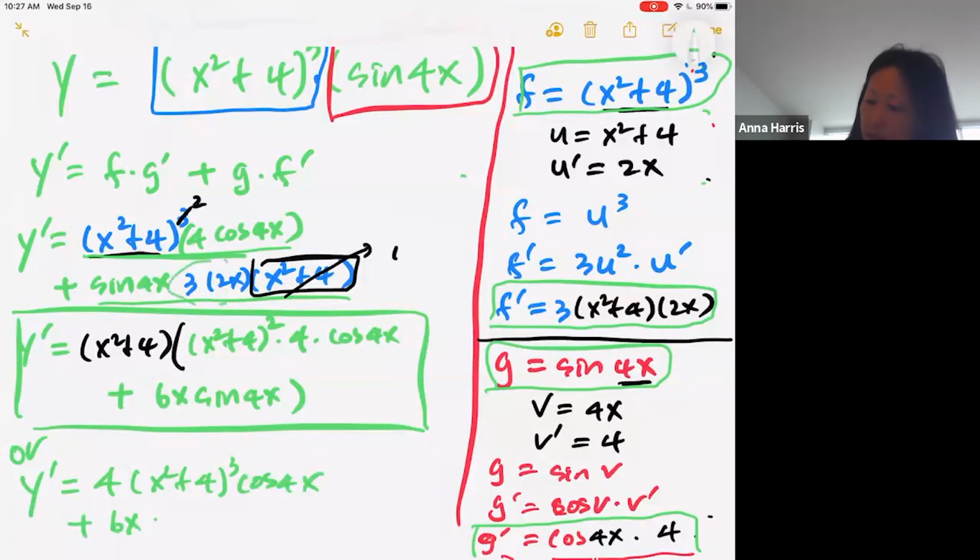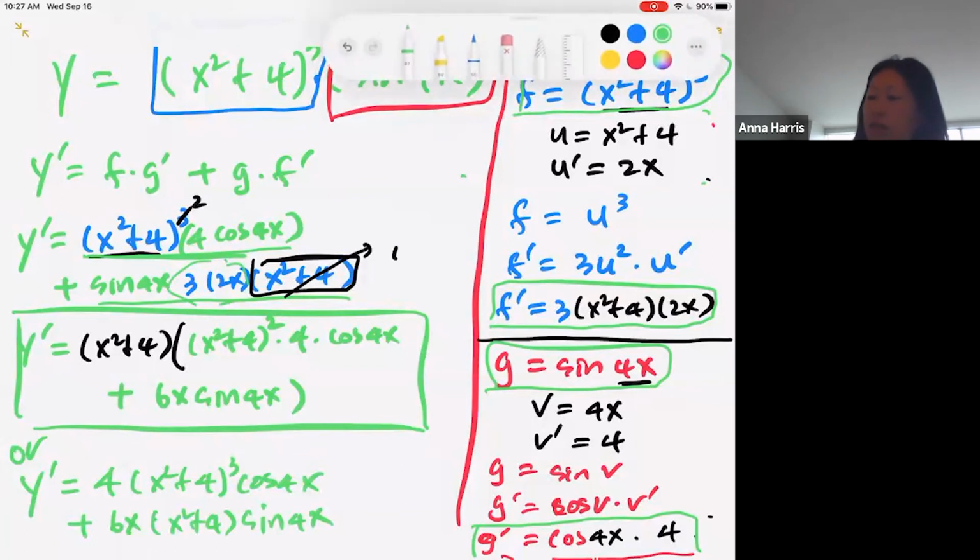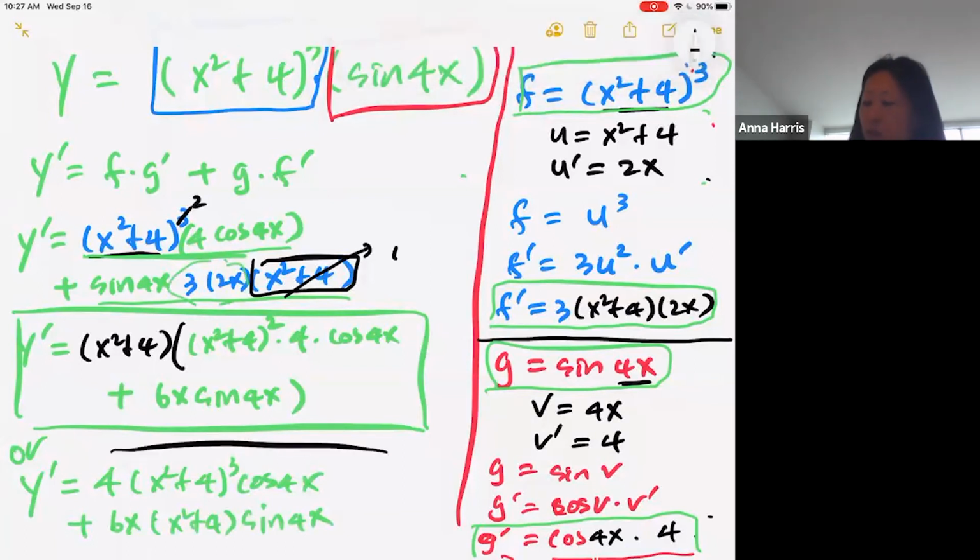And this together is 6x, right? 6x times x squared plus 4 and then what? Sine 4x. If you want to do that, that is also fine. This is an 'or'.